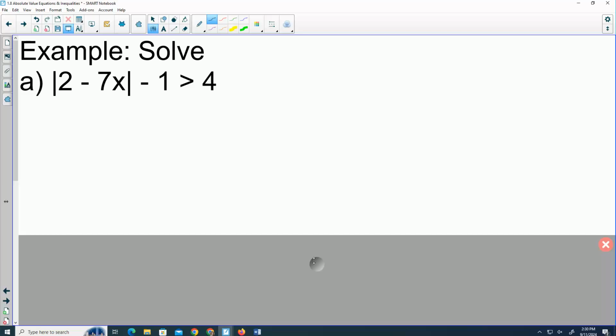So the very first thing I do on this problem should be what? Add the 1. Okay, so now the question, is this an "and" or an "or"? Great, "or." It's more than 5 away. So we do two separate pieces.